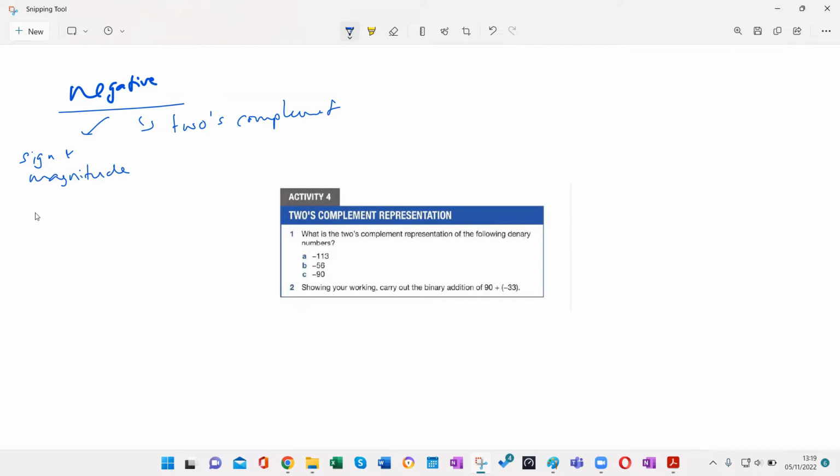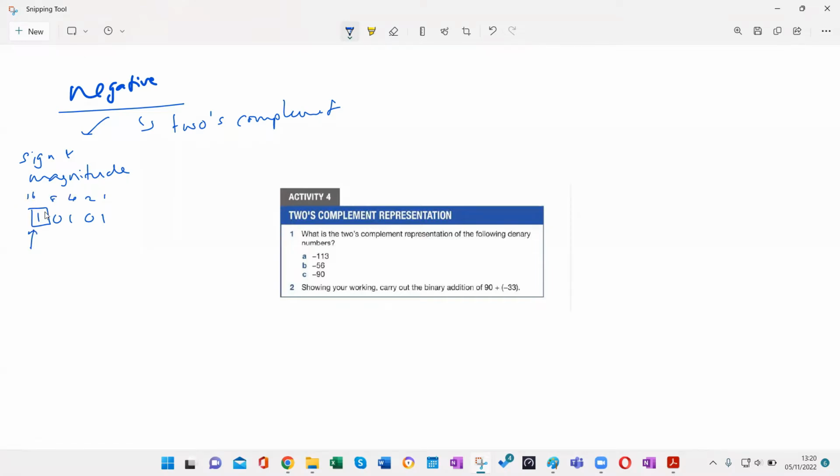In sign and magnitude, when we have a binary number like this, the first digit to the left, the bit which has the highest positional value, because this starts with 1, 2, 4, 8, 16.